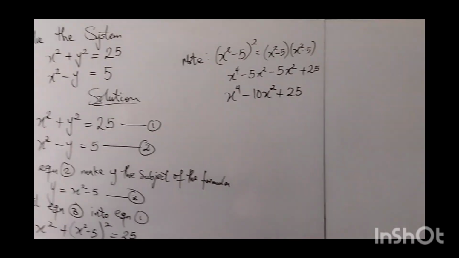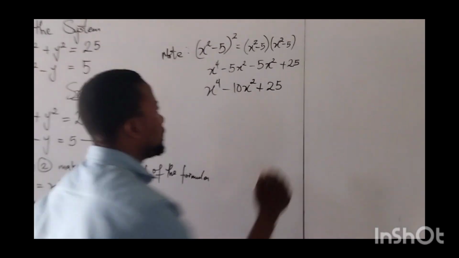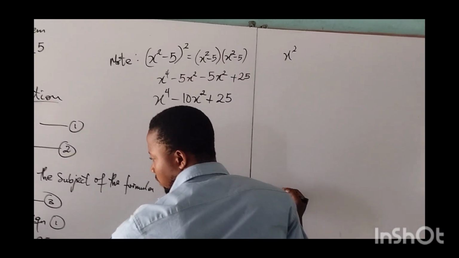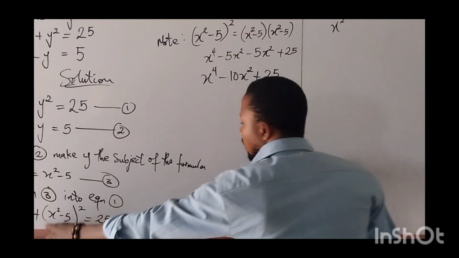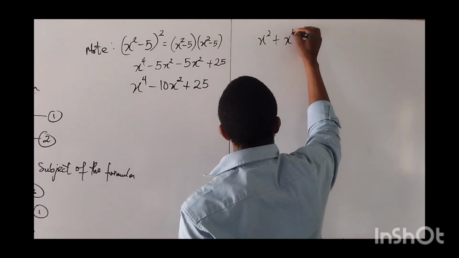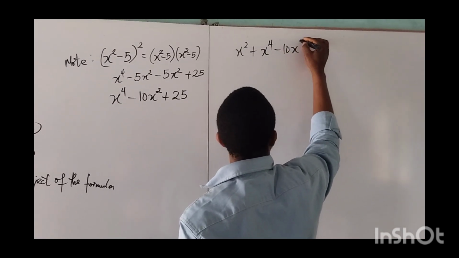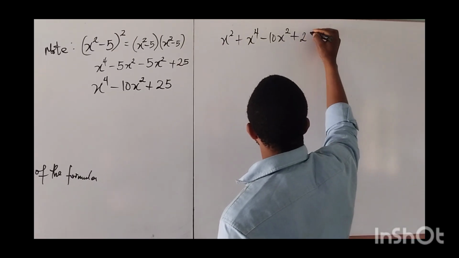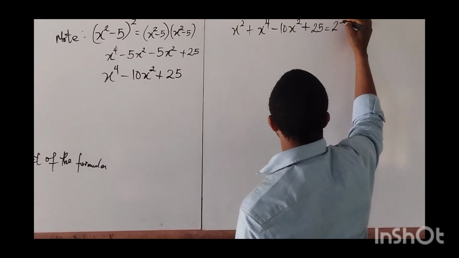So we want to proceed from here now. I have x squared, and this is now this. So I'm going to put this to represent this. Plus x to the power 4 minus 10x to the power 2 plus 25 equal to 25.